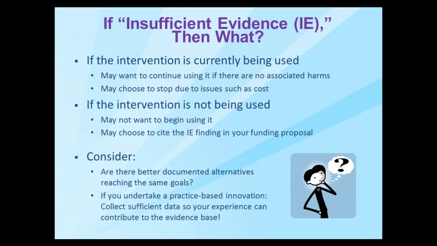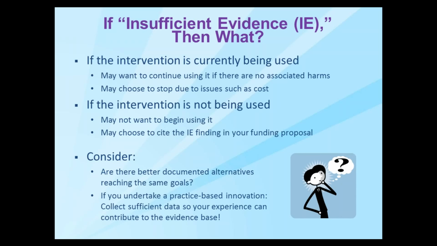Next slide, please. If you actually look at something in the guide and you get an insufficient evidence finding, then what do you do? Well, let's say you're using the intervention currently in the community. If there aren't any associated harms, you may choose to continue using it, especially if it works well with other things, or you may choose to stop using it if it's expensive and move to something where there is more evidence.